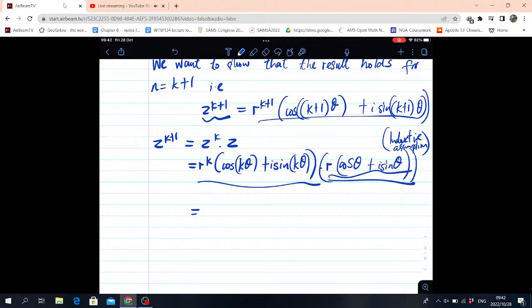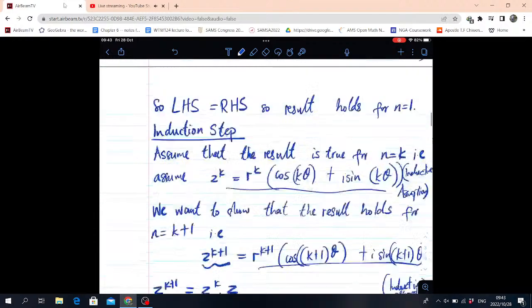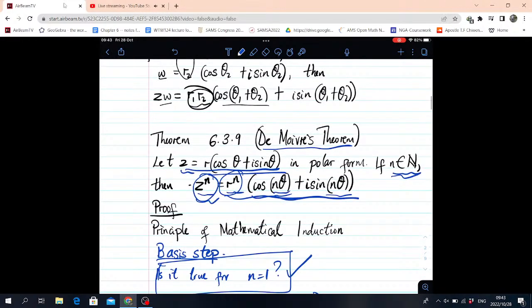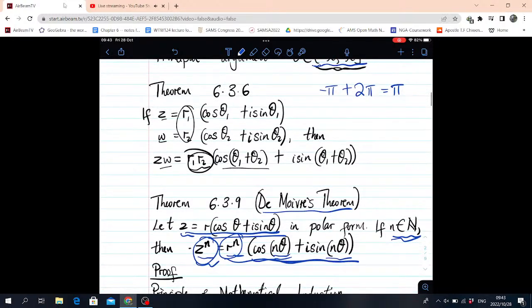And then from here we say this is equal to r to the k plus 1, right? If we multiply that r to the k with that r, we get r to the k plus 1. And then when we multiply these two, theorem 6.3.6 tells us how to do that. Where is it? It's here, right?